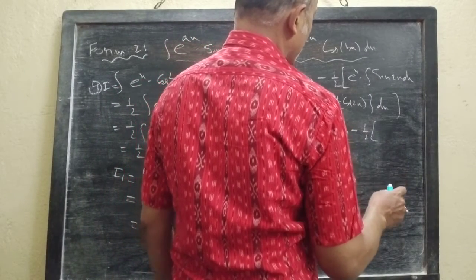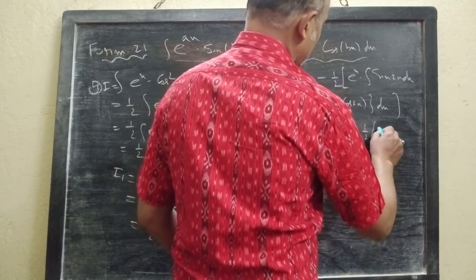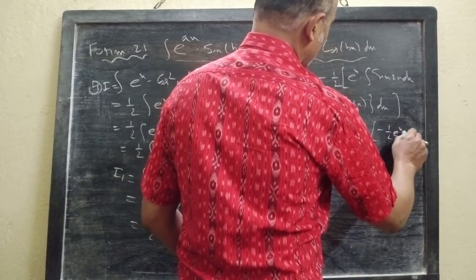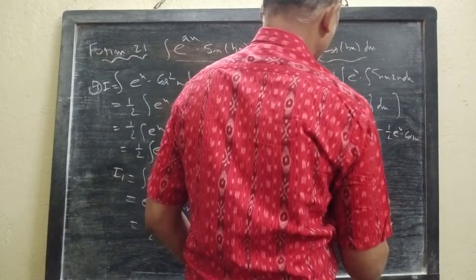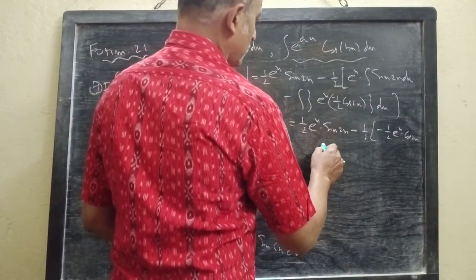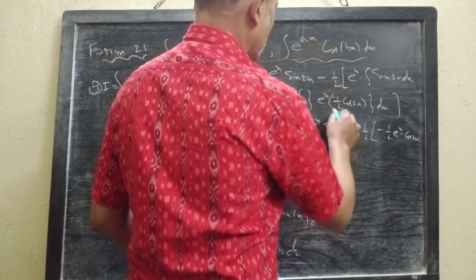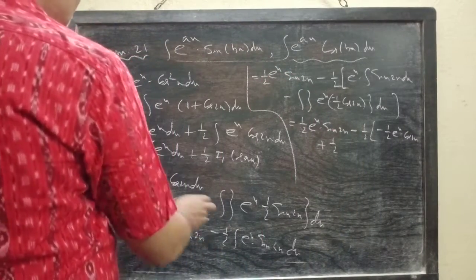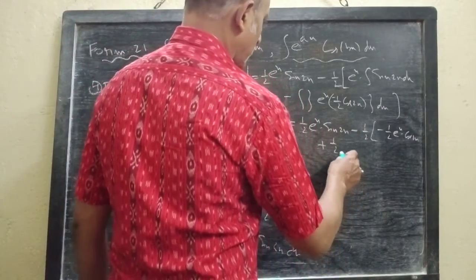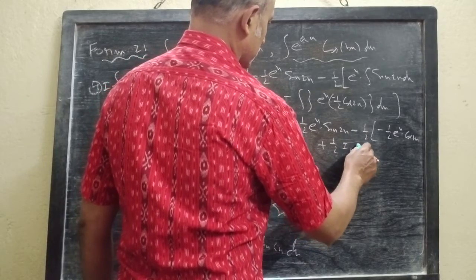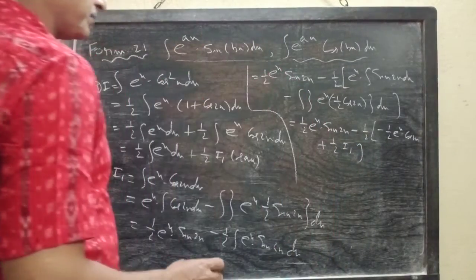Then this becomes half e to the power x sin 2x minus half, third bracket, this will be minus half cos 2x, that is minus half e to the power x cos 2x, and this becomes plus half e to the power x cos 2x. This is I1, half I1, third bracket closed.